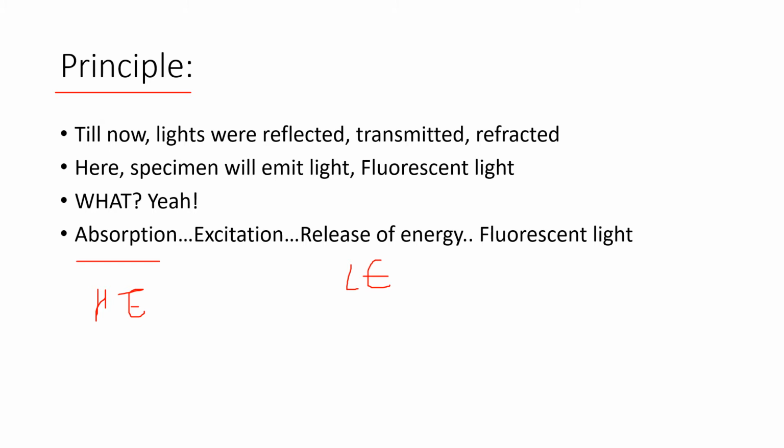So when high energy light rays are hitting the specimen, that means shorter wavelength light rays are hitting it. All the fluorochromes present on the specimen will get excited, and when they come to the ground state, they will release lower energy light rays, which are of longer wavelength, and so we will be getting our fluorescent light.